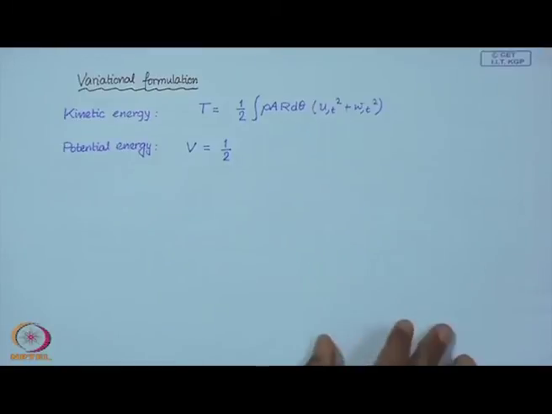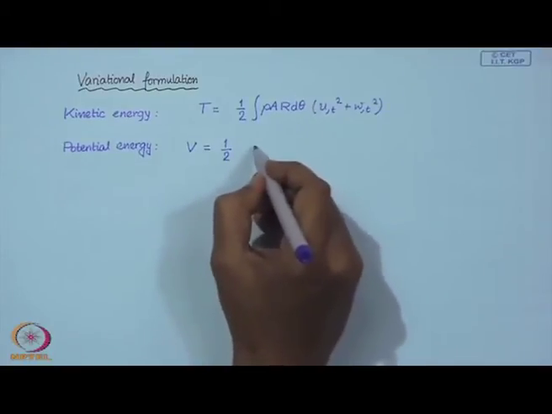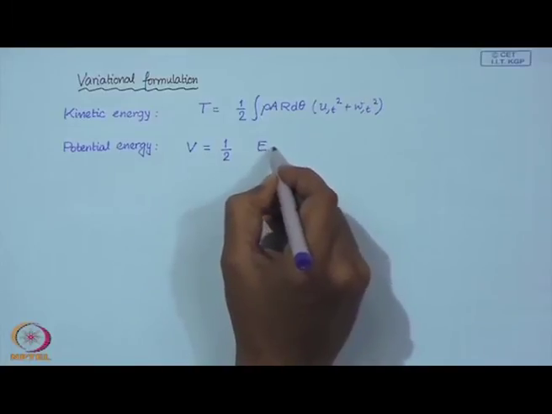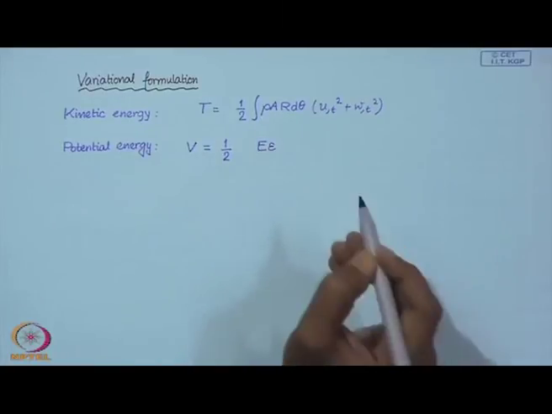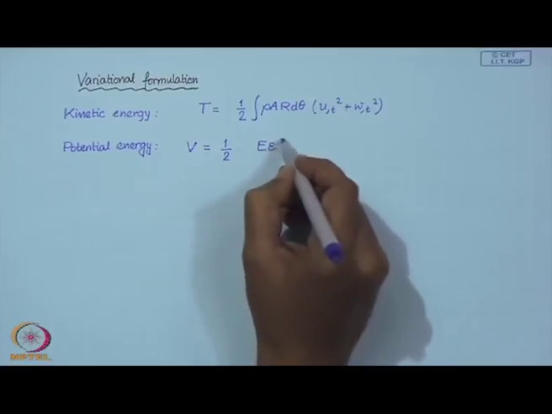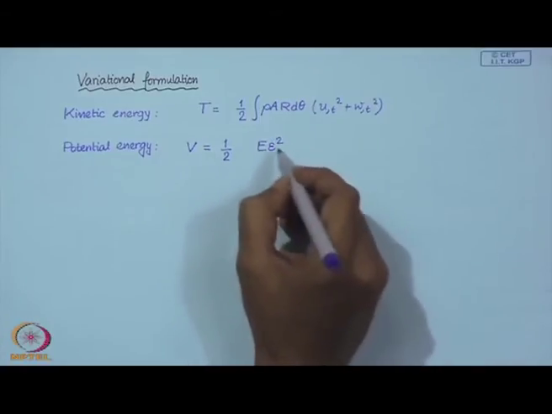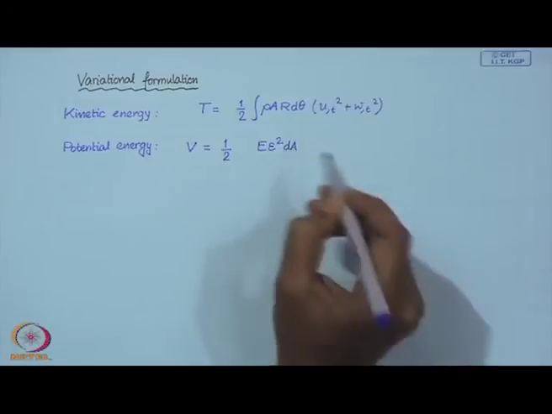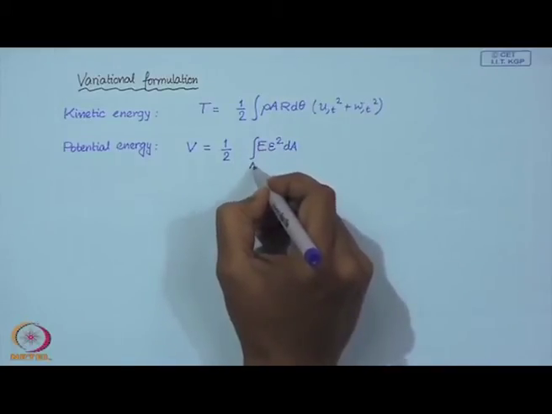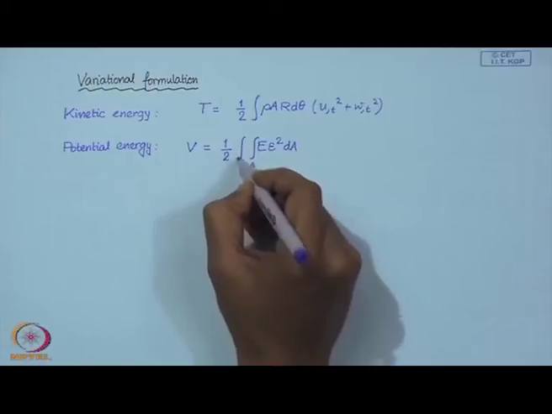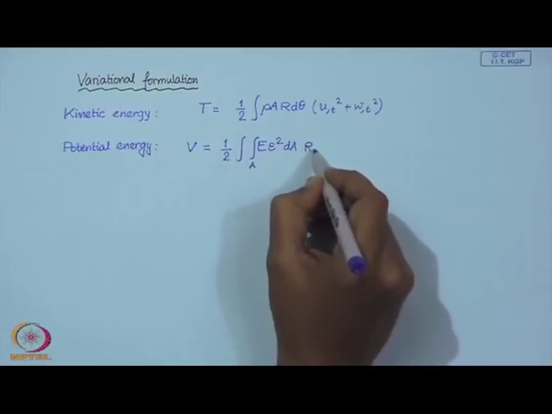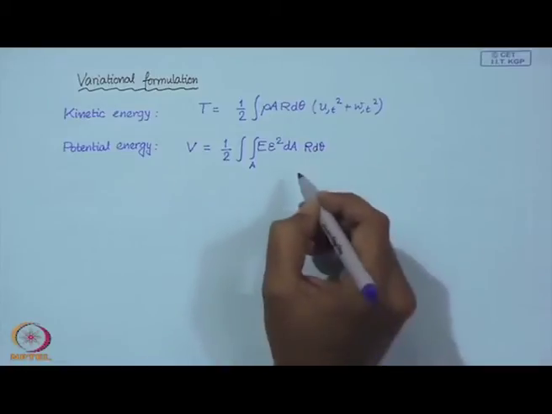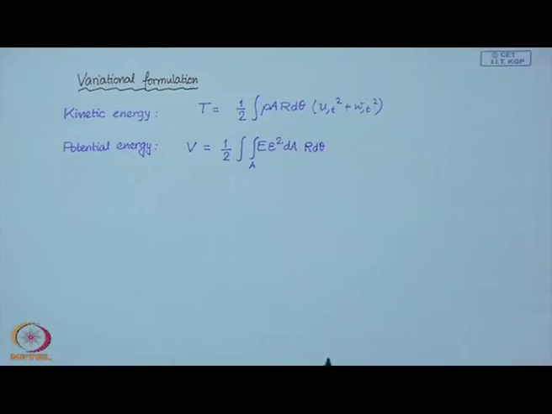Now, we know from theory of elasticity that the energy per unit volume is stress times the strain. So, 1/2 stress times the strain for linear theory. So, stress is Young's modulus times the strain, and so this is per unit volume. So, we integrate first over the area and then over the length of the beam.